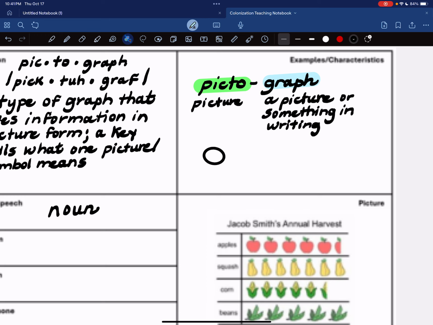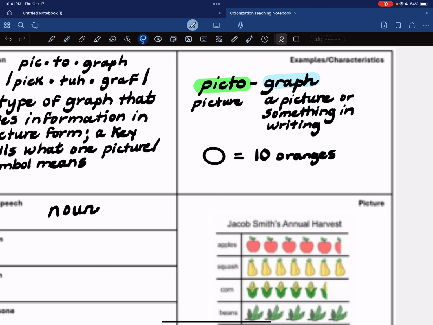Okay, let's suppose that I tell you that that circle is equal to 10, let's just say oranges. So this would be part of the key. This is not part of the graph itself, it's part of the key.